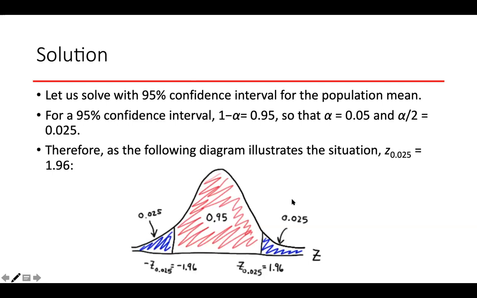And alpha over 2 will be 0.025. So from the Z table, I will find Z equals 0.025 as minus 1.96 and plus 1.96. If you remember, what was given to me, arkadaşlar? X bar was 29.2.